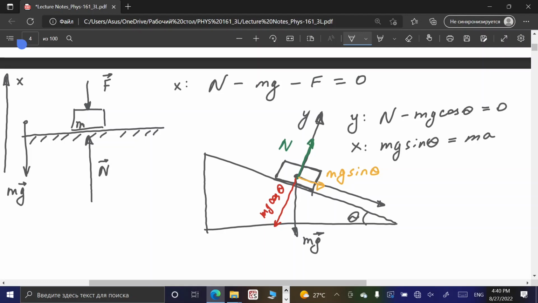And that's why it results in acceleration of this block along axis x. So if we decrease this angle theta to 0, then obviously this acceleration will also go to 0, since there is no x component of the weight.